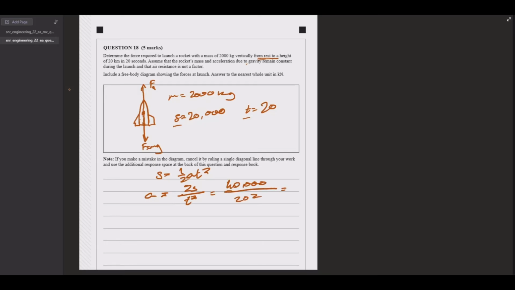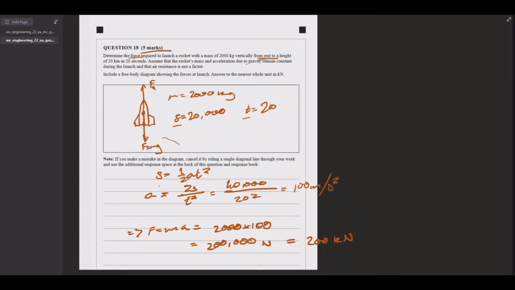Chuck that in. That's 100 meters per second squared. And there's force. And so we're going to take that, and force is equal to mass times acceleration, so 2,000 times 100, and what's that, 200,000 newtons.